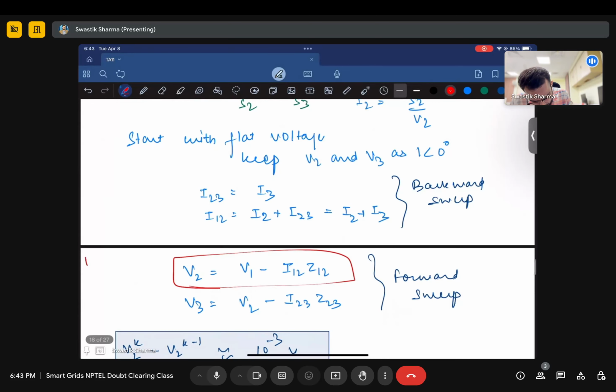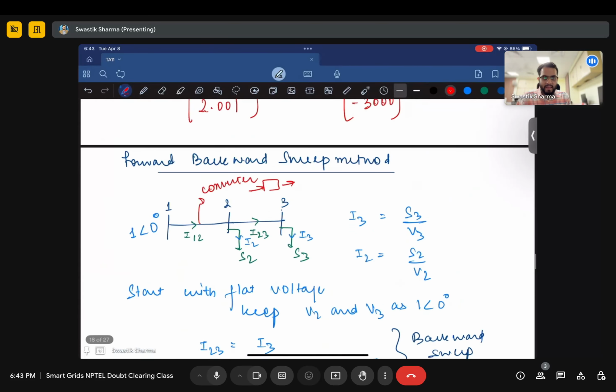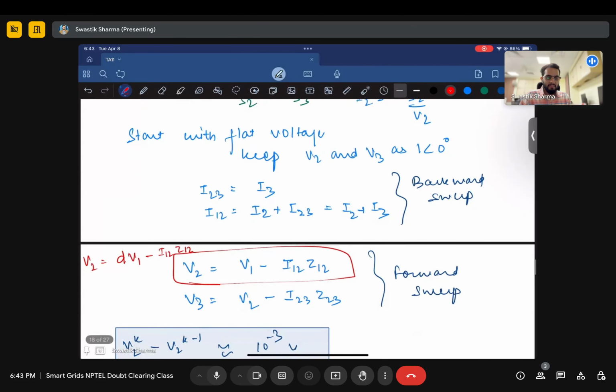With the presence of a converter, we write V2 equals, if let's say there is a buck converter present, we write it like dV1 minus I12 Z12. So we lump the line and we change the buck level as well, right? And the buck level is dV1. So that is what essentially we try to do.